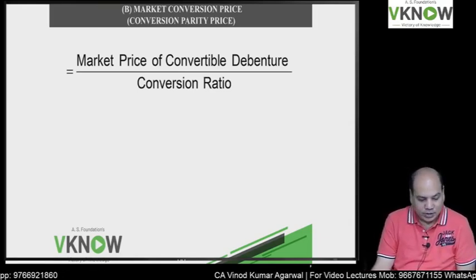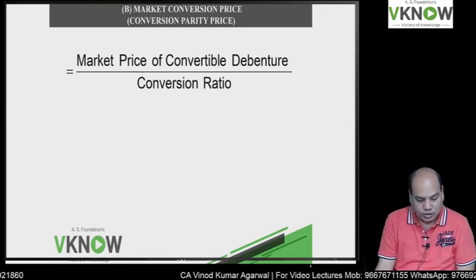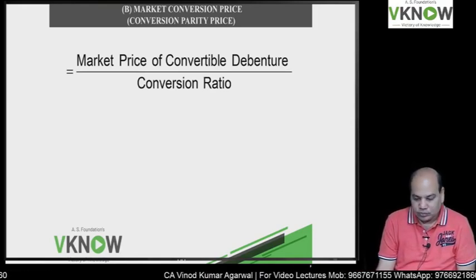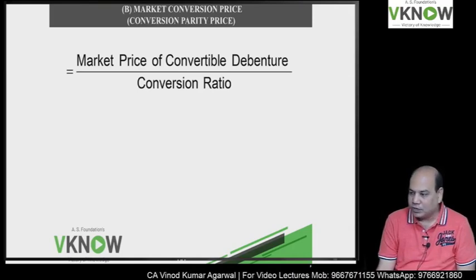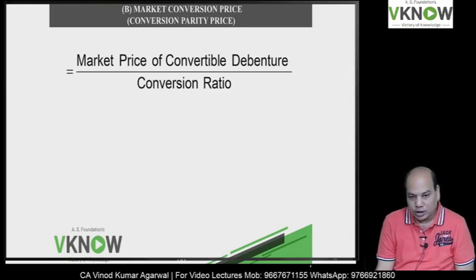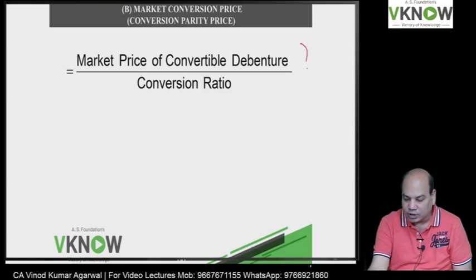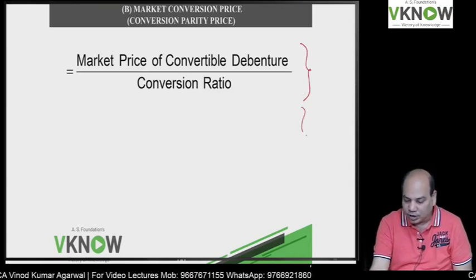Market conversion price is also called conversion parity price, which is equal to the market price of convertible debenture divided by conversion ratio. In the exam, first write formula, then write figures, then write answer.